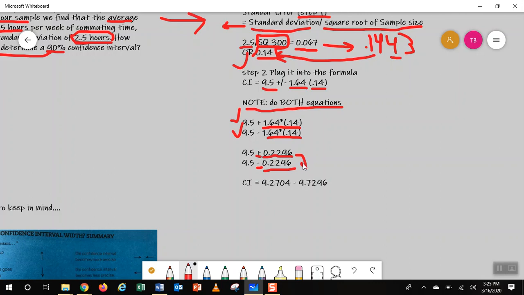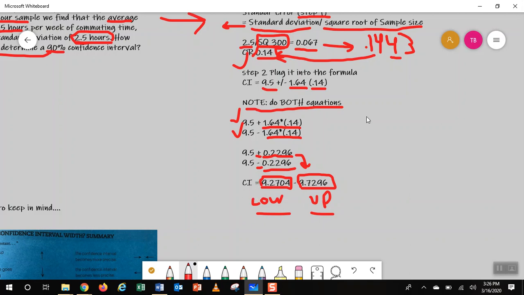So if we plug those in, we get the upper version, and upper is 9.7296, and the lower version is 9.2704. So essentially then you have your range, and again, always keep track of which is lower and which is upper when you're plugging this into the homework, because Canvas asks specifically for upper and lower, and make sure you put the numbers in correctly.